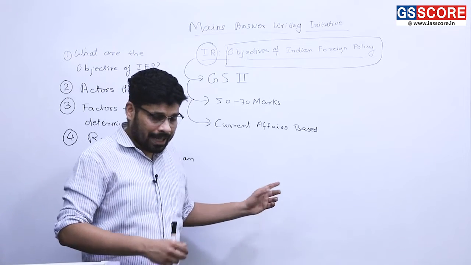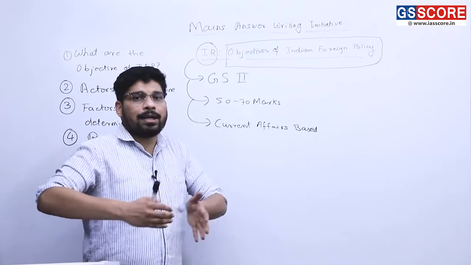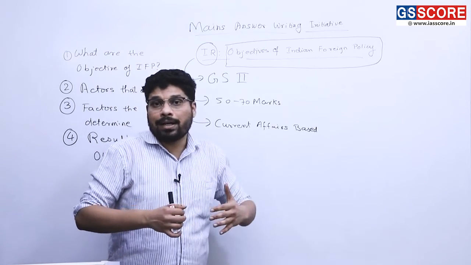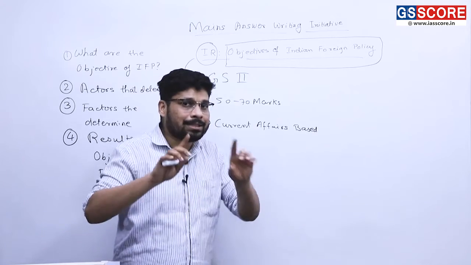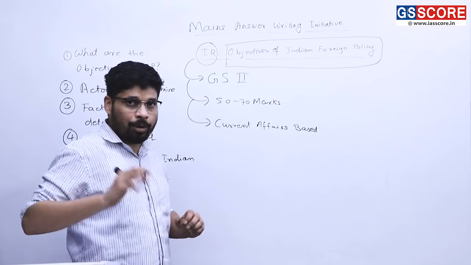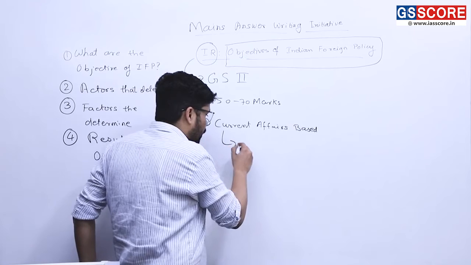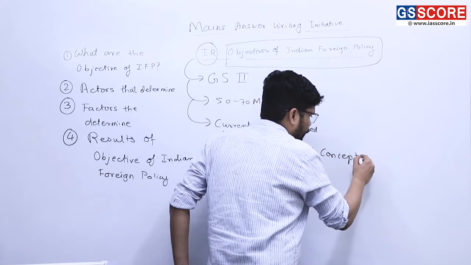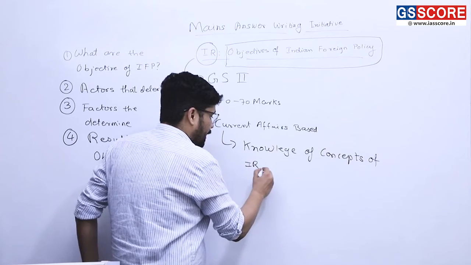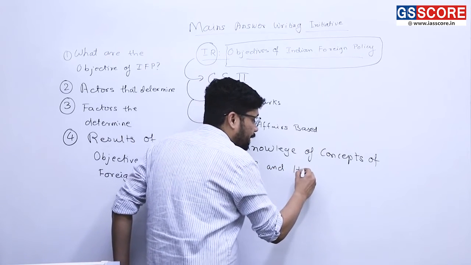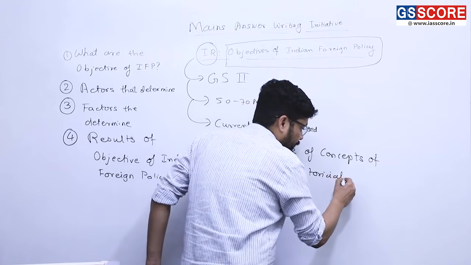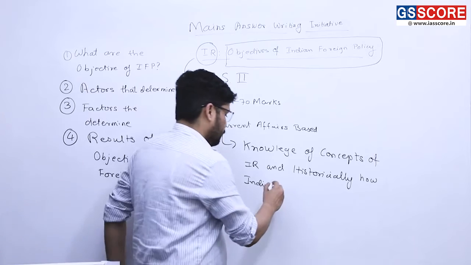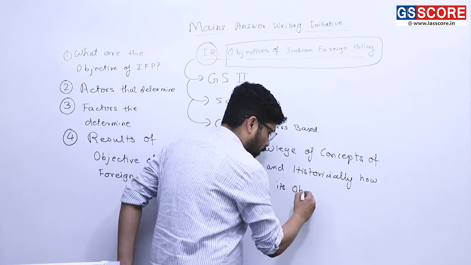Even if questions are current based, and even though they are more current than the questions that appear from current affairs in other subjects, the trick here is to have knowledge of the concepts of IR to a certain extent, and also to know historically how India has ventured with respect to its foreign policy objectives. What will this do?